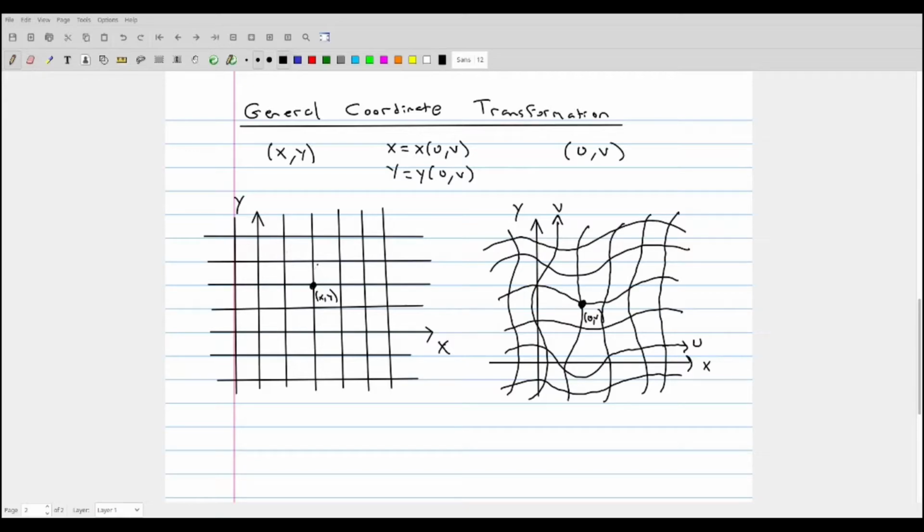But we have the exact same general problem that we did for the polar coordinate transformation, specifically that the small boxes in this new coordinate system have a different shape than a rectangle. They're not rectangular.